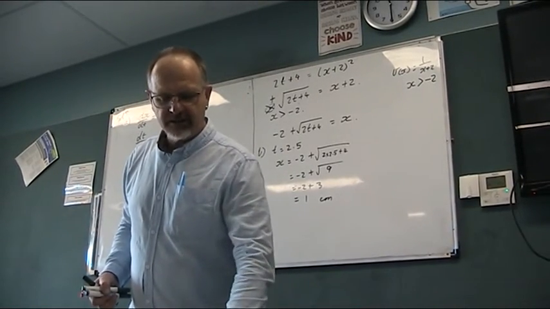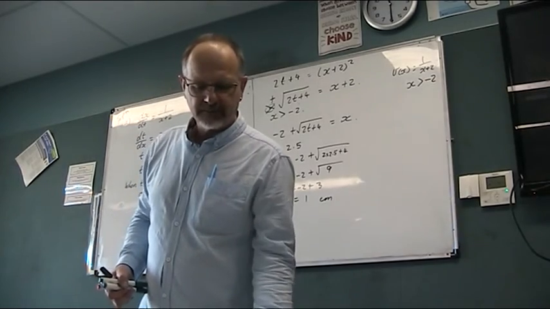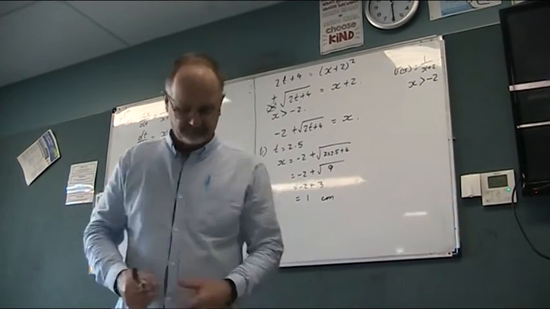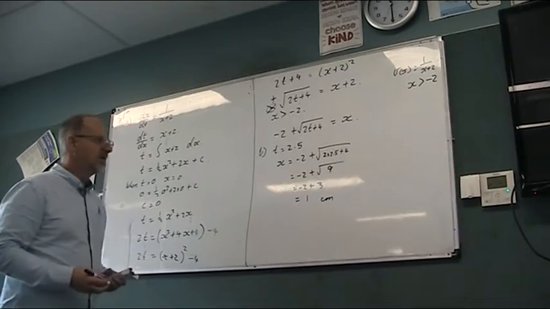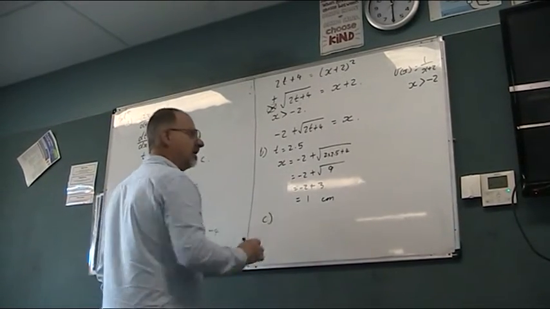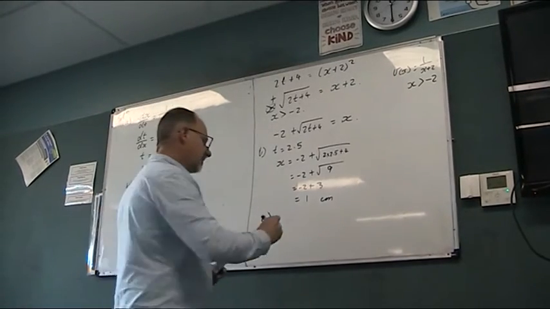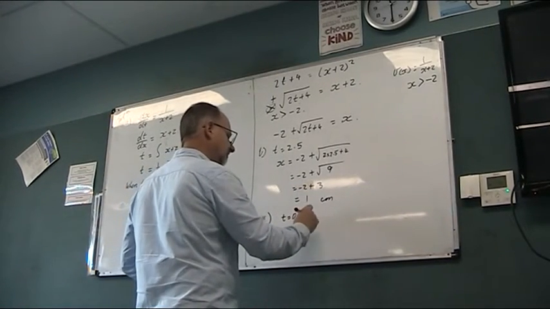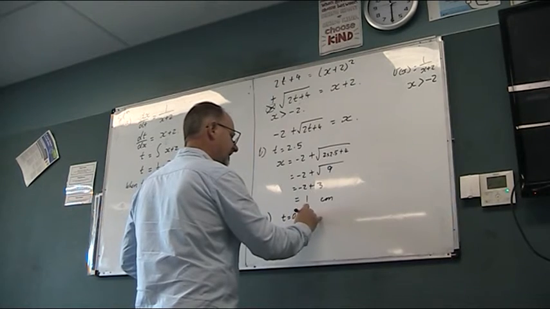Alright, so the distance travelled. In this case, the distance travelled in that first 2.5 seconds. So at t equals 0, it was at x equals 0.